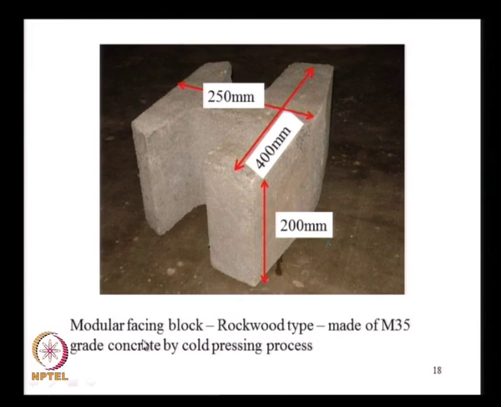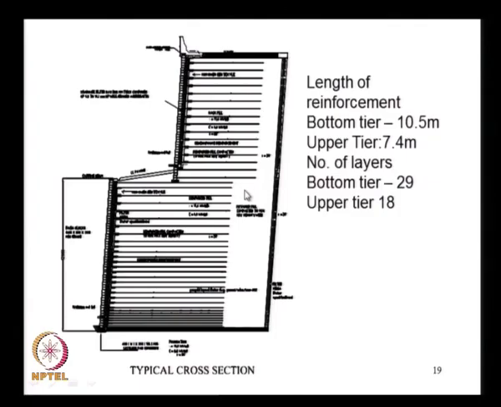We simply take the mold, prepare the concrete as per the mix design, pour it and then press it to form this block. And the cross section of the 22 meter high wall is shown here.